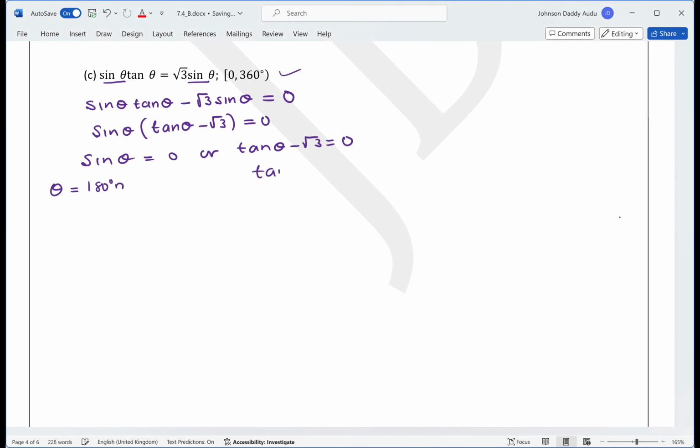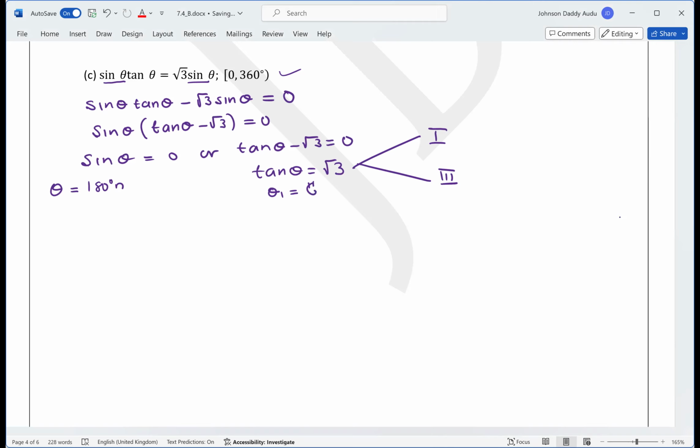And this is tan theta is going to be root of 3. This is possible in the first or in the third quadrant. So, but first of all, the reference angle is what? Is pi over 3, right? That is tan 60. Yes.